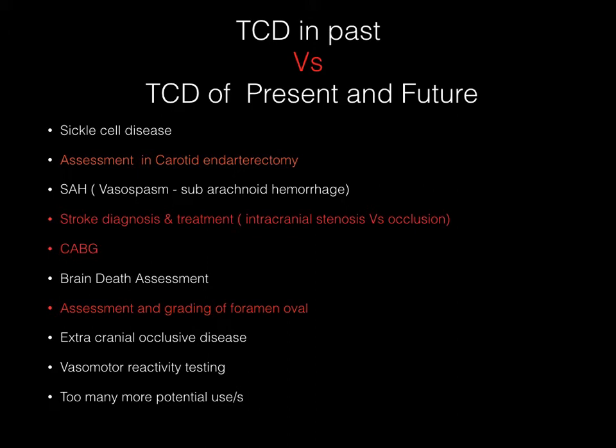Now, stroke diagnosis as well as treatment supplement. I mean, treatment means you give all those lytics, thrombolytics, and you see exactly what is happening. So, how it helps in treatment is you give the thrombolytics and see the middle cerebral artery which was blocked or stroked out opening up, and this ultrasound beam has enough dispersing power.